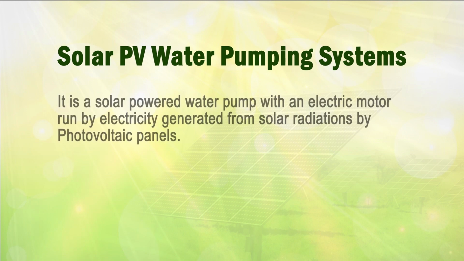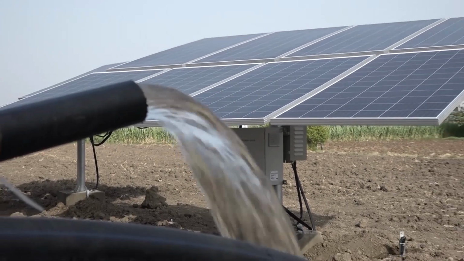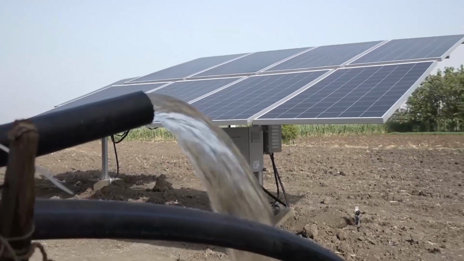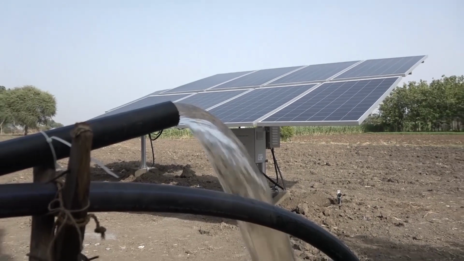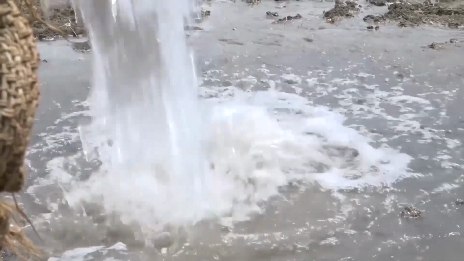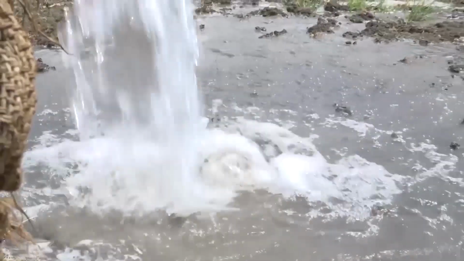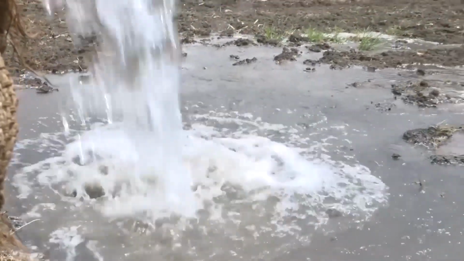In that case, solar panels are connected to the controller, and the controller is further connected to the motor and pumps. So these solar water pumping systems are available in 1 kilowatt, 2 kilowatt, and 3 kilowatt sizes, costing around 50,000 to 60,000 rupees for the panels, and then the cost of the motor and the pumps.